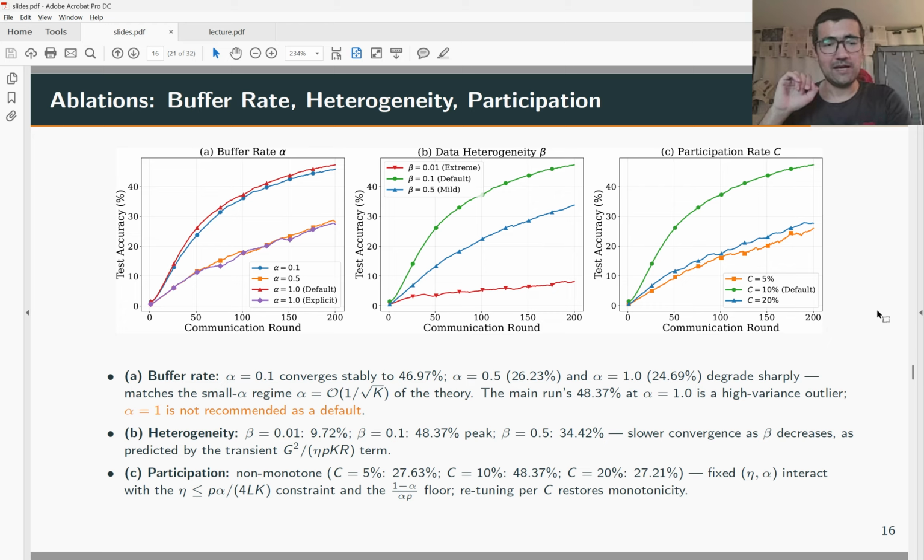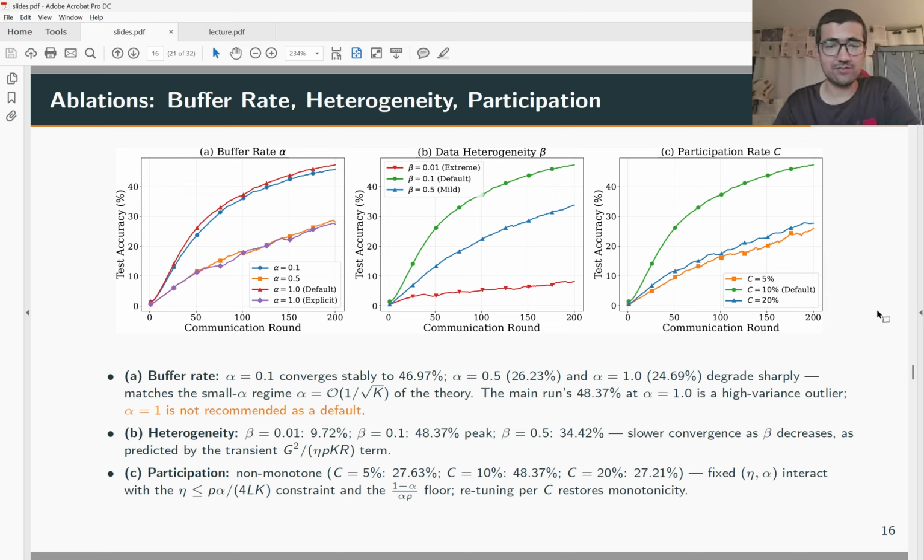Like panel A, the buffer rate in independent ablation runs: the small buffer rate alpha equals 0.1 converges stably to about 47%, while alpha equals 0.5 and alpha equals 1.0 degrade sharply down in the mid-20s. That's exactly the small alpha regime our theory favors. Remember, alpha of order 1 over root K.